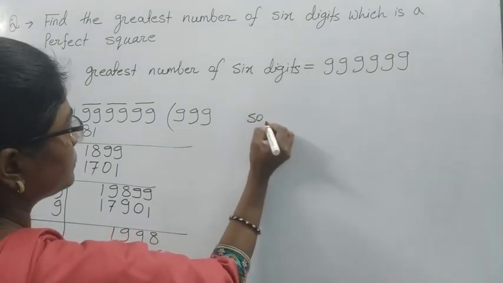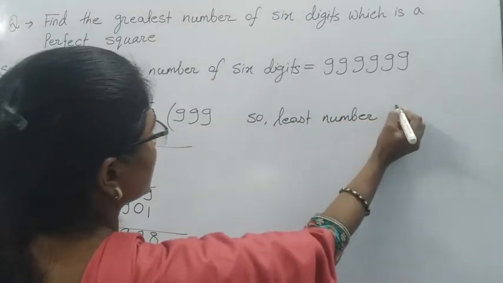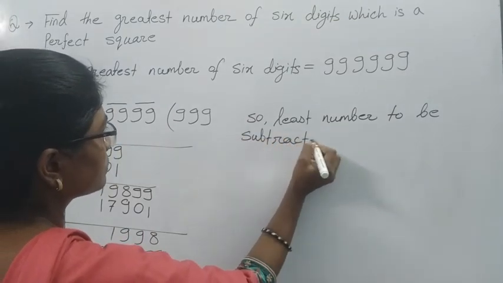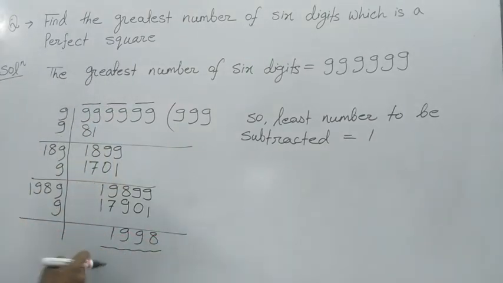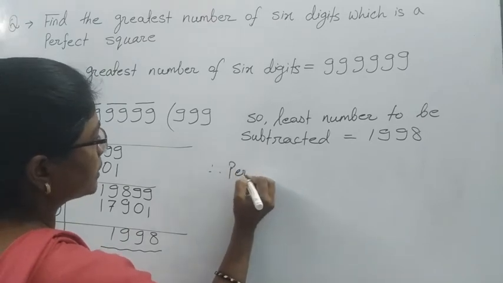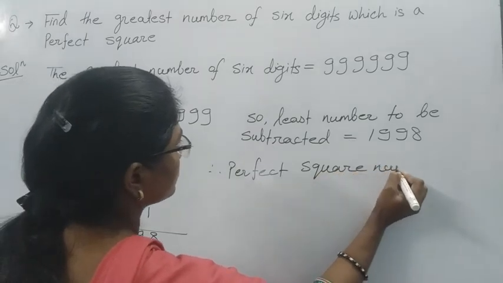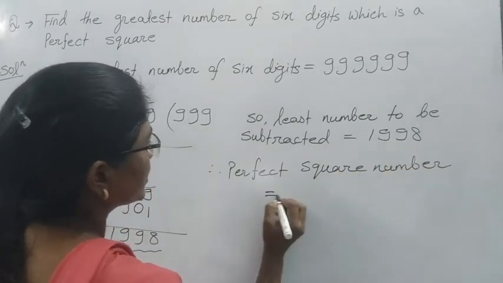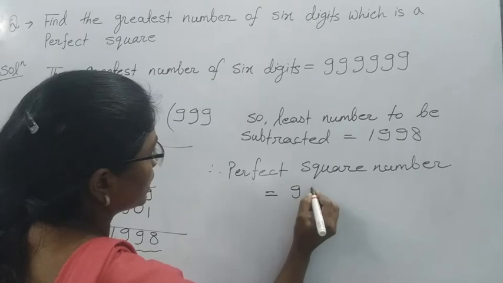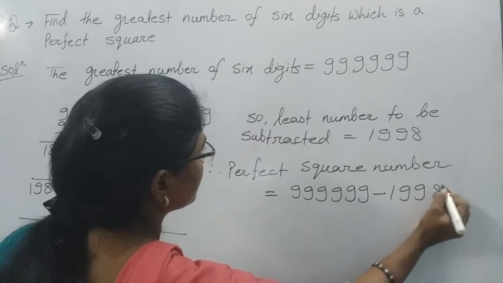So the least number to be subtracted is 1998. So the perfect square number, or square number, is equal to the given number minus 1998.